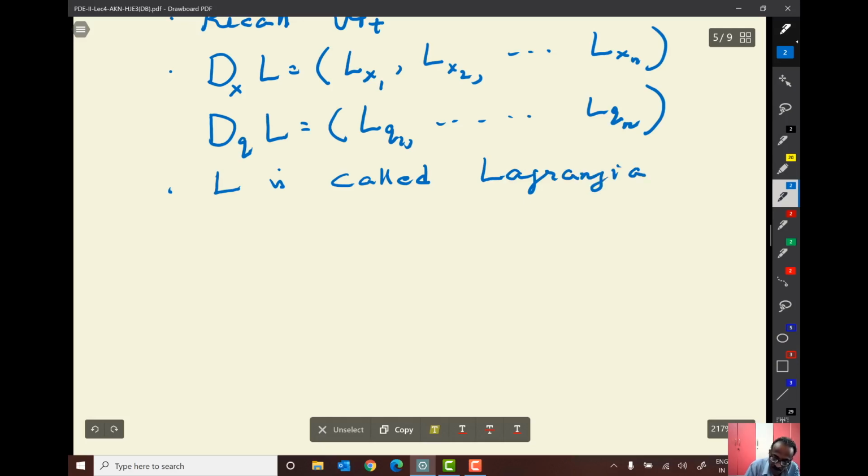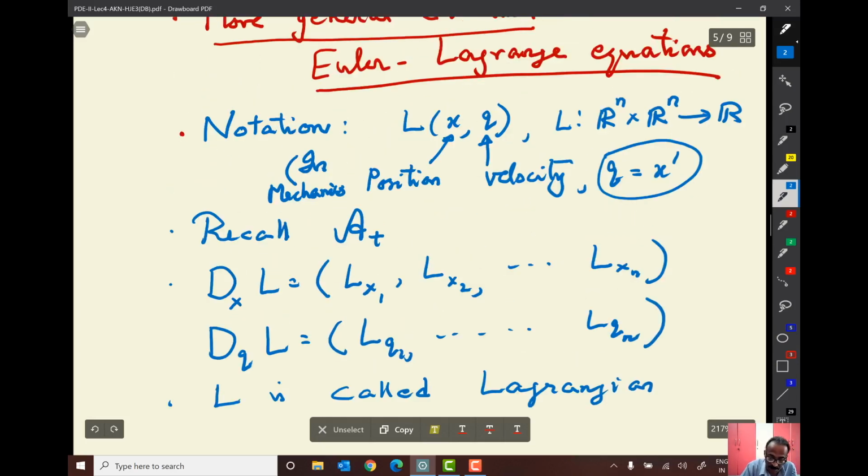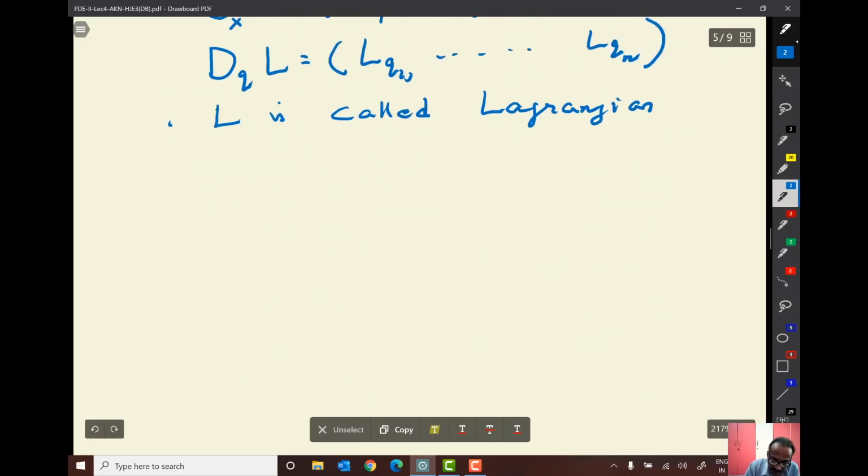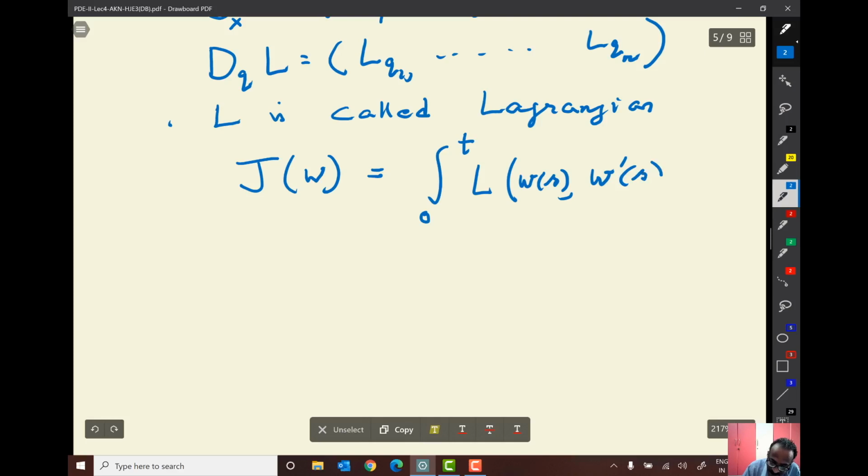The earlier problem which we described is more special than this, in which there was no dependence on x, only dependence on q. So what is your minimization problem? You have the functional J(w) equal to the integral from 0 to t of L(w(s), w'(s)) ds, where w' is something like velocity.